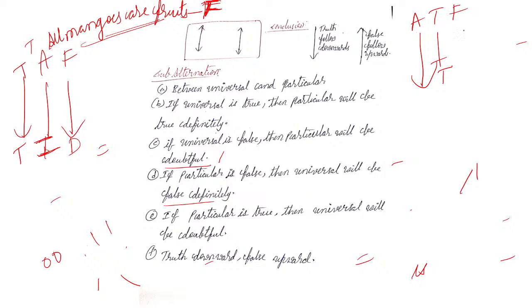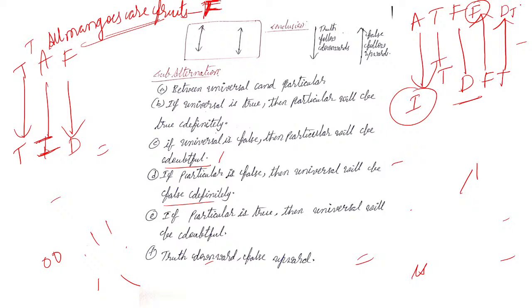If universal is false, it is doubtful; it may or may not be false, true or false. If particular is false then universal is false definitely. If particular is true, it is also doubtful, true or false. We have to remember these four conditions here.